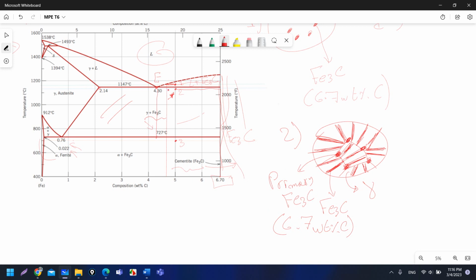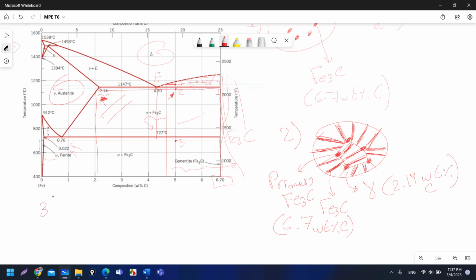And for gamma, I will go to the left until I touch the boundary of the gamma region, the austenite. Then I will go down, or already it is mentioned that we said we will approximate, so I will approximate to the eutectic composition. So it is 2.14. So I will have the composition is 2.14 weight% for the carbon.